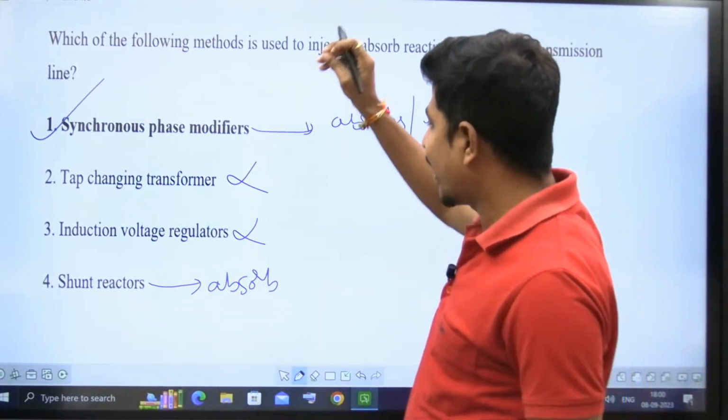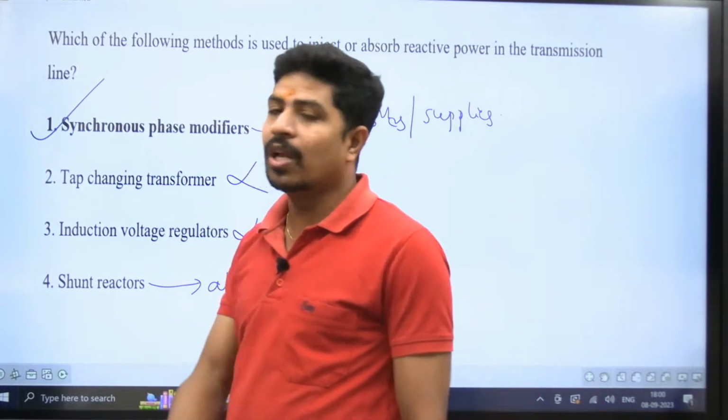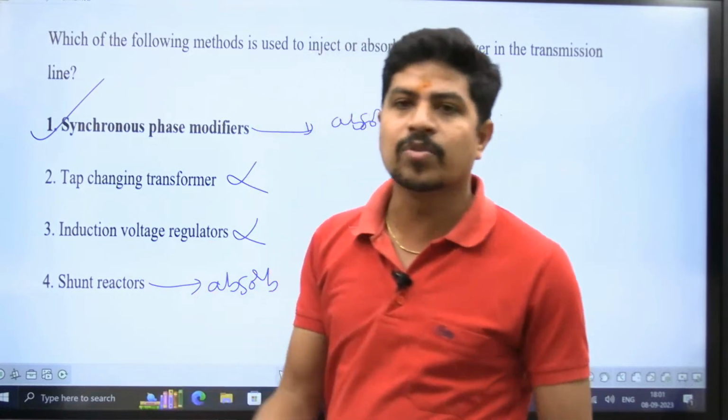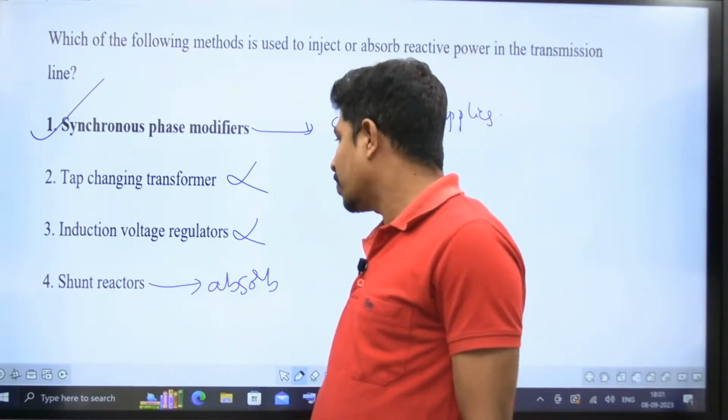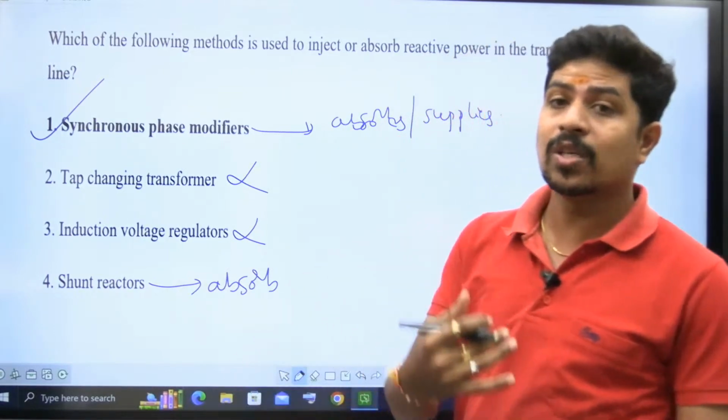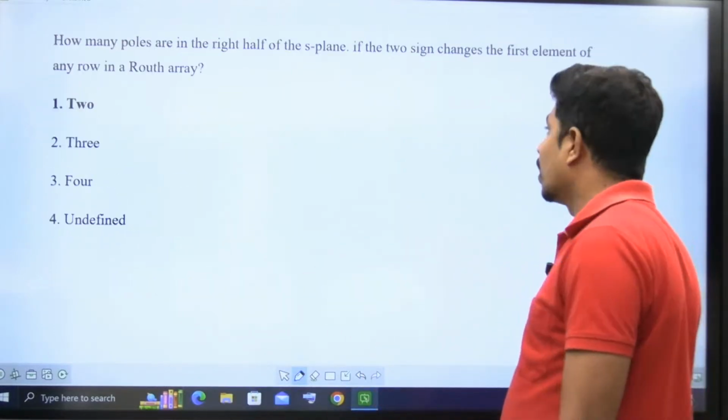A tap changing transformer absorbs reactive power as it is a transformer, induction voltage regulators absorb reactive power, and a shunt reactor absorbs reactive power, but the synchronous phase modifier will both absorb as well as supply. Let's go to the next question.